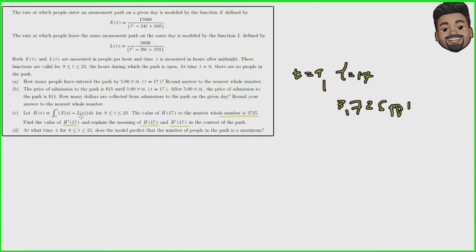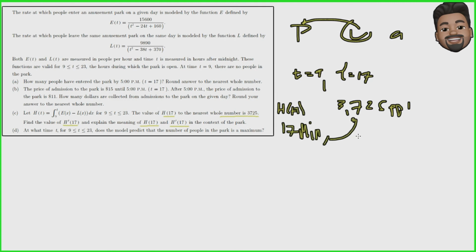We took the antiderivative, right? That's going to get me to position, taking into account how many people went in and how many people went out. So h of 17 is at exactly t equals 17. There are 3,725 people at the park currently.